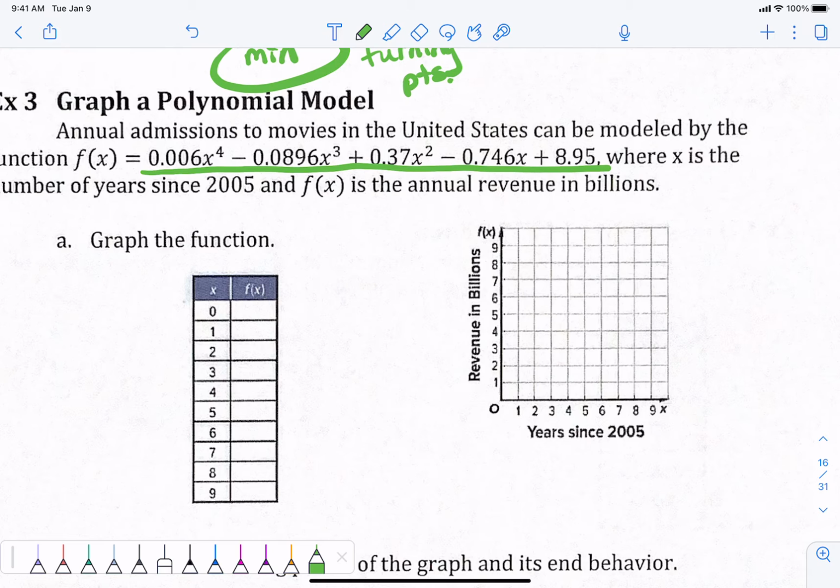We've got to do f of what? 1 through 9. What's 0? 8.95. We don't plug that one in. Okay, f of 1 is 8.49.